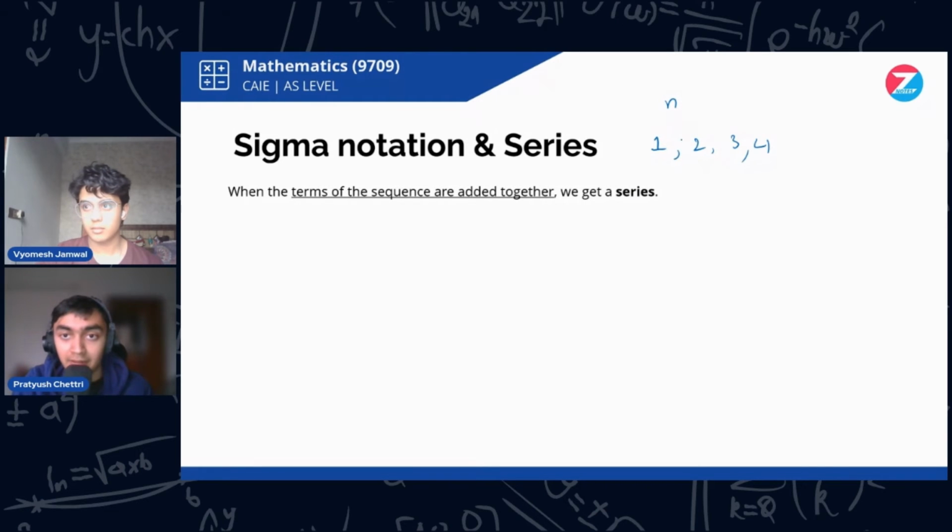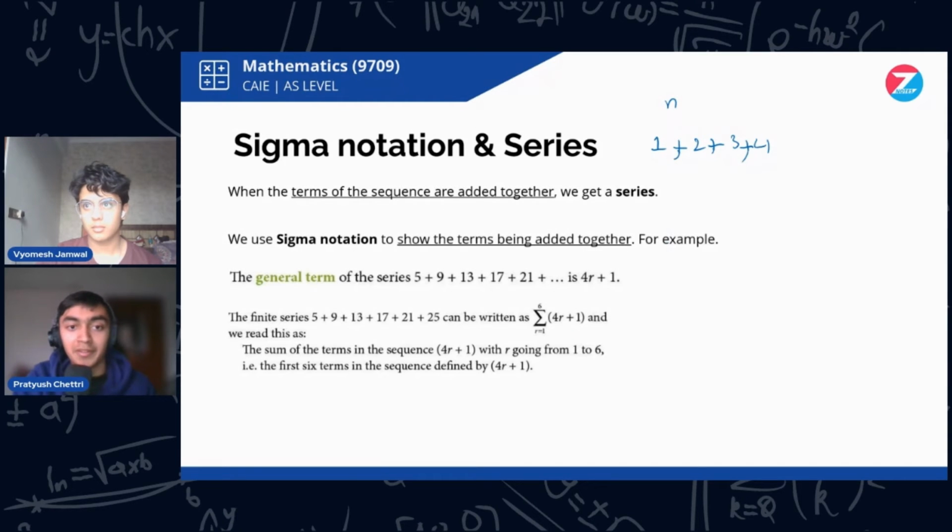And when I add these together, I get a series. And the way I show that I've added them together is called sigma notation. Sigma means the sum of. We've added together n, starting from n equals 1 and going up to 4. So 1, 2, 3, 4.